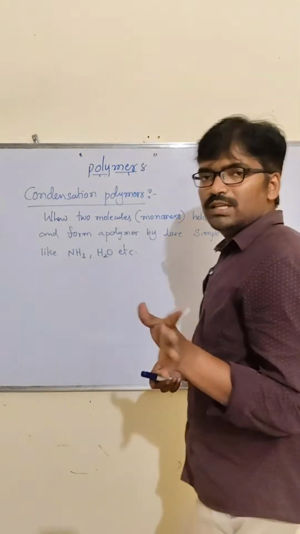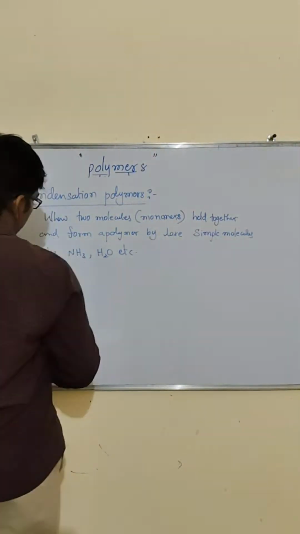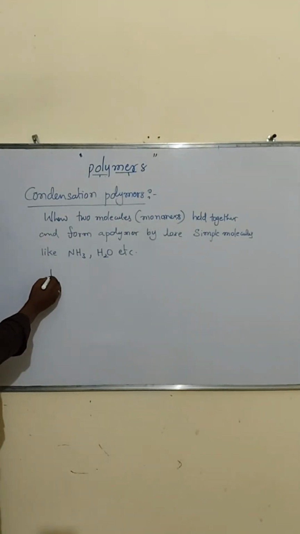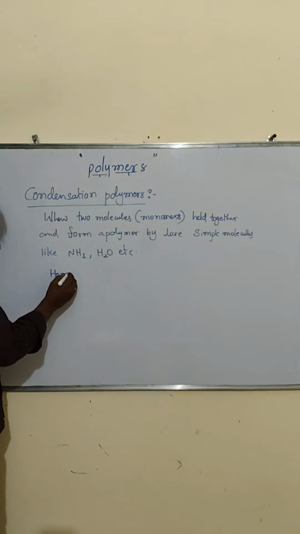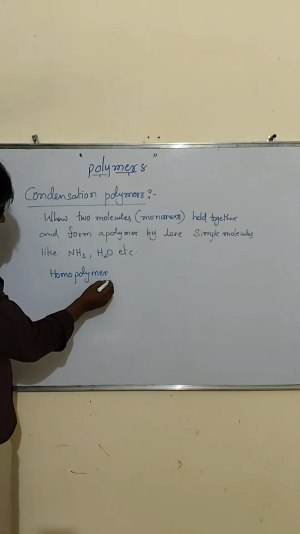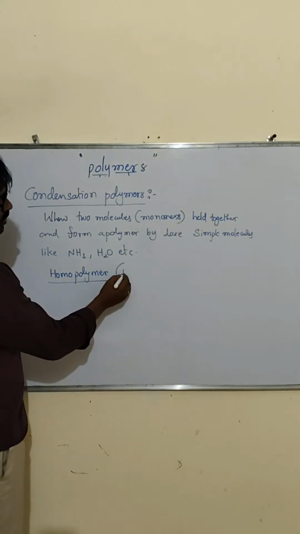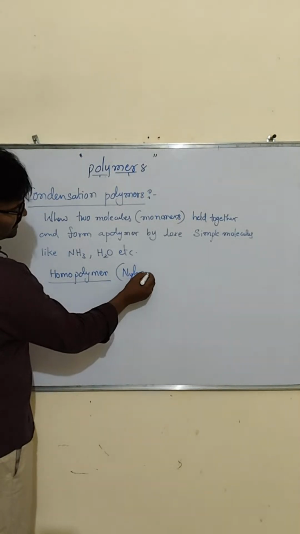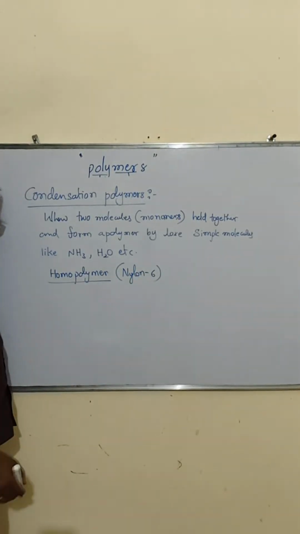So first we'll see one of the homopolymers. It is one of the best examples for the condensation polymer, that is homopolymer: nylon 6. See, nylon 6 యొక్క మోనోమర్ ఏంటి?